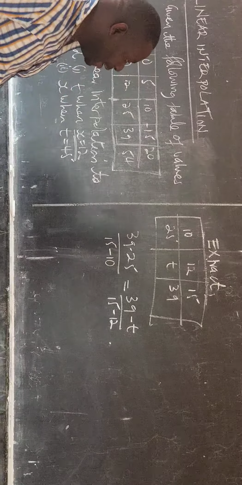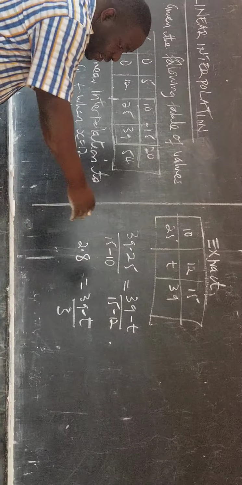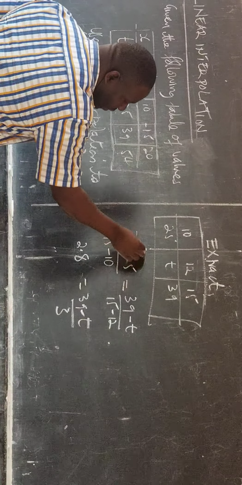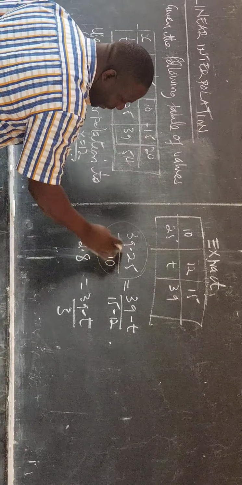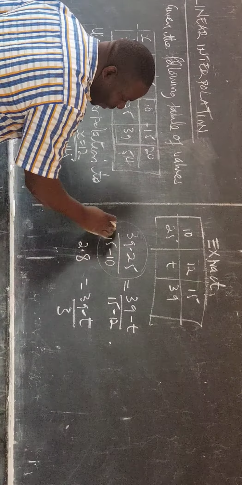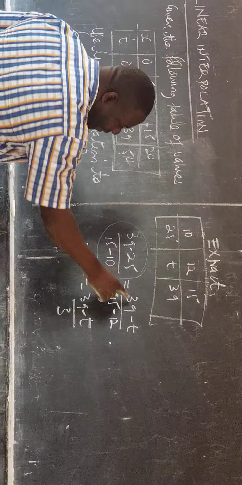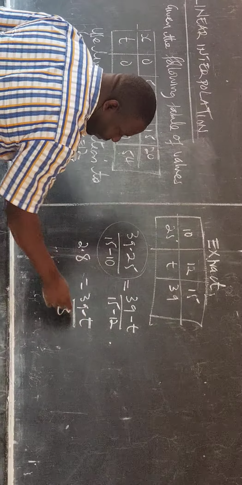So this one here, 39 minus 25 over 15 minus 10, when you use the calculator, we get 2.8. Then this is 39 minus t over 3.